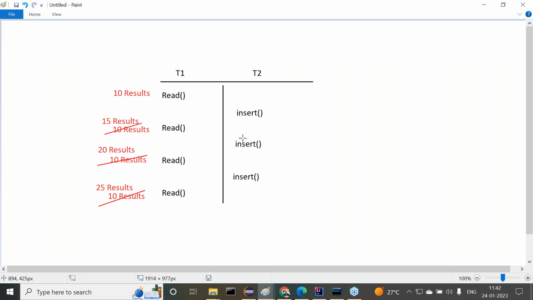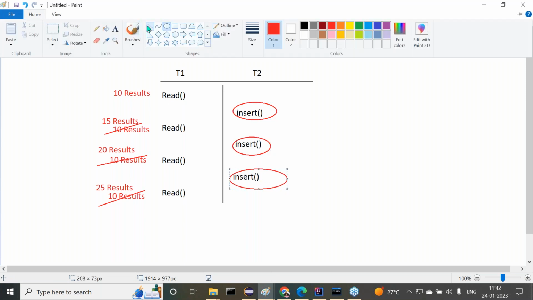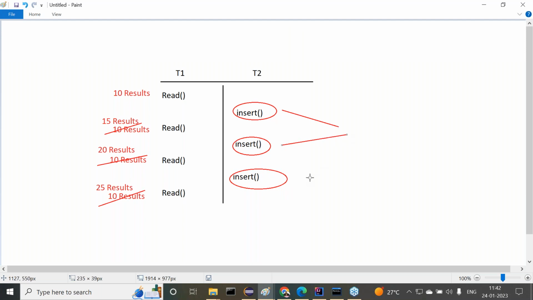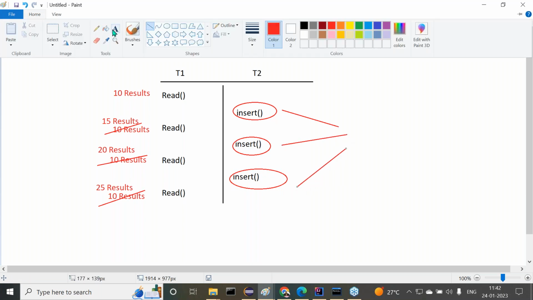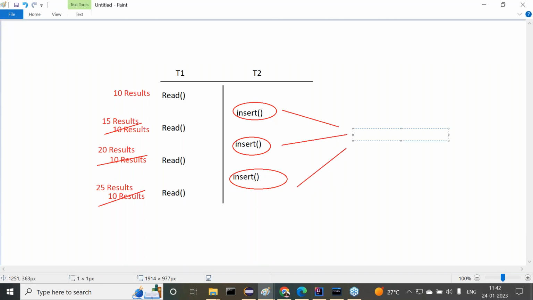Now, because of these insert operations, all the records that we inserted here are phantom records, phantom insertions.